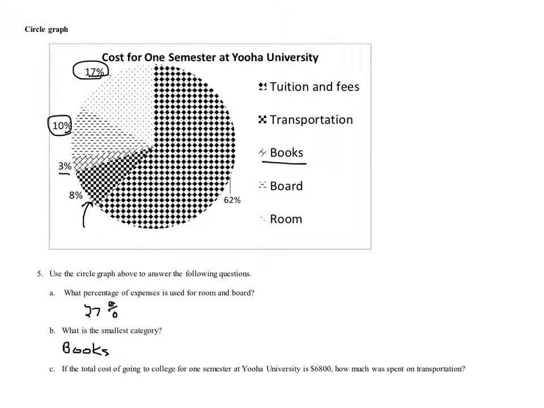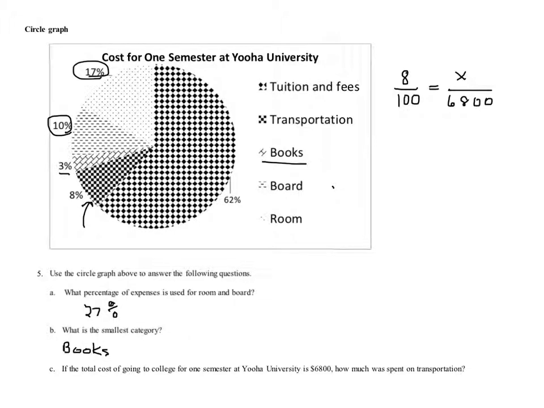So we can set up a proportion. 8 out of 100 is equal to X over 6,800. And then we can figure this out.